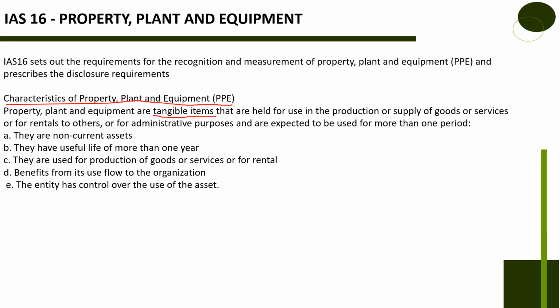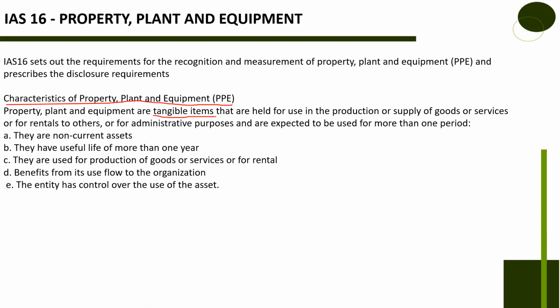That are used for more than 1 year. They have a lifespan of more than 1 year. Examples of this is land and building, your motor vehicle, your machineries, and so on and so forth.